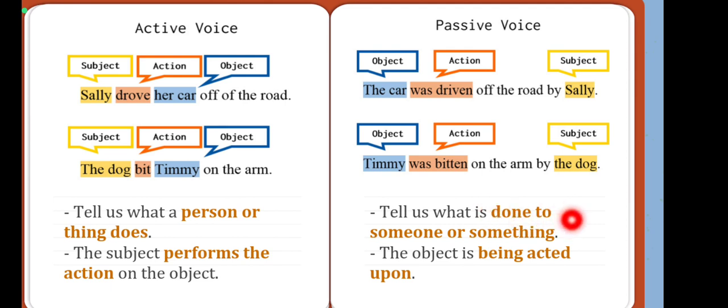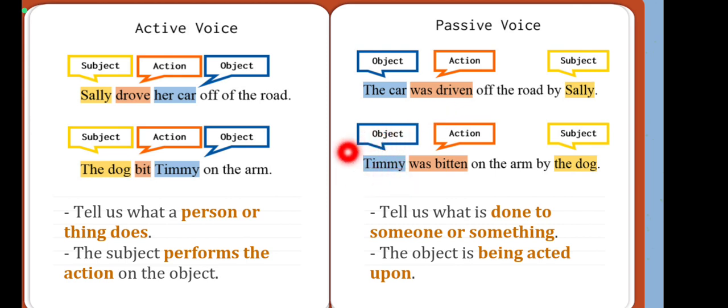Done to. This is an important word. Done to. It is not does. It is done to someone or something. In this case, the something is the object, the car, and something is done to this object. For this reason, we have was driven.